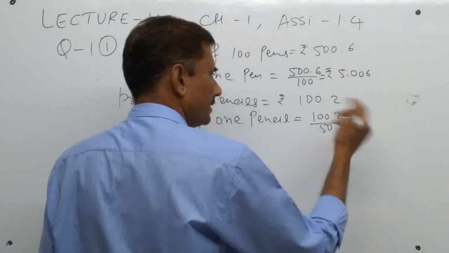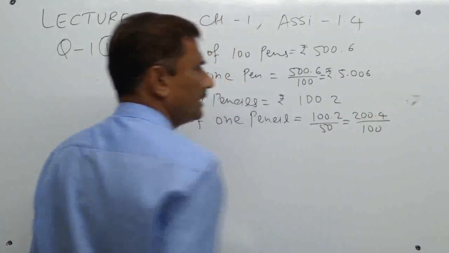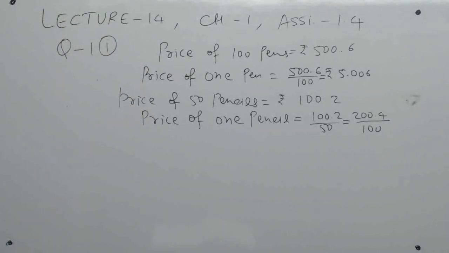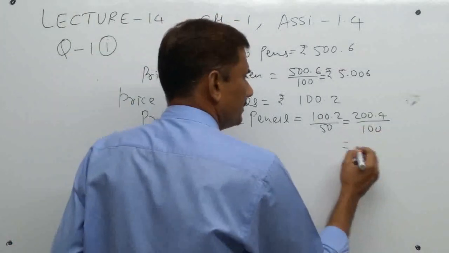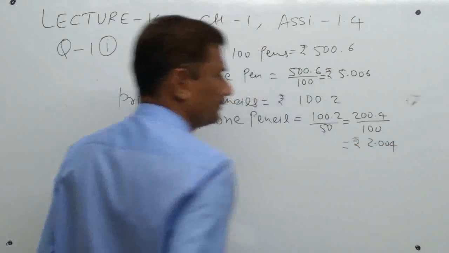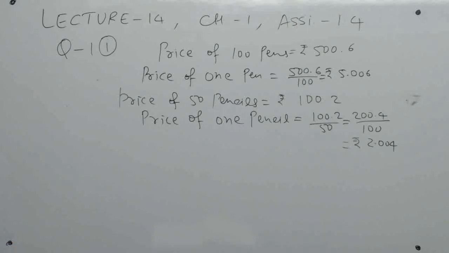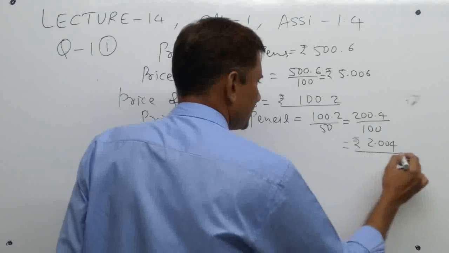Again I double them, so 200.4 upon 100. Why I am writing in this form, you understand now: because I don't want to divide here. So it is 200.4, I make double again to get 100, so it will be rupees 2.004.